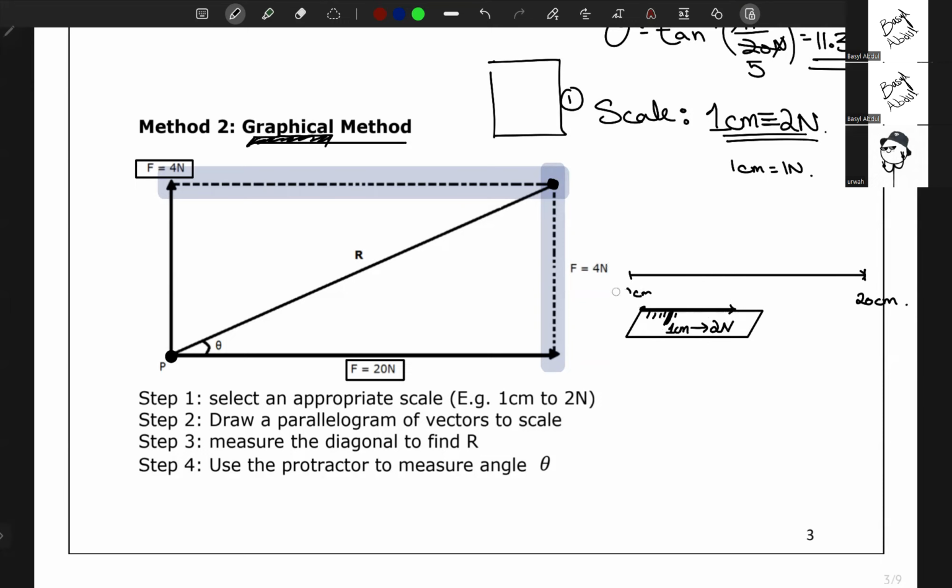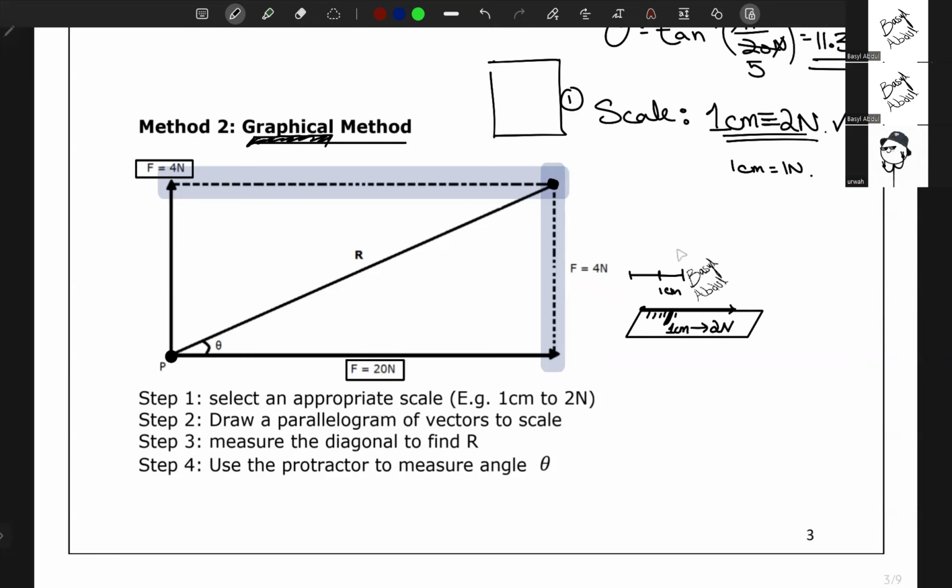So if I take a scale that is 1 centimeter is 2 newtons, that just means that if I draw a line of 1 centimeter, that corresponds to a vector of 2 newtons, right? So I need 20 newtons. I'll draw 1 more centimeter, that makes it 2. So how many centimeters would I have to draw to represent a force of 20 newtons?